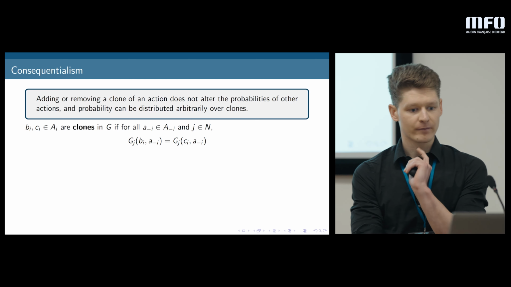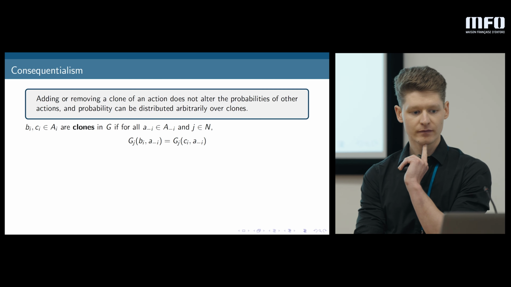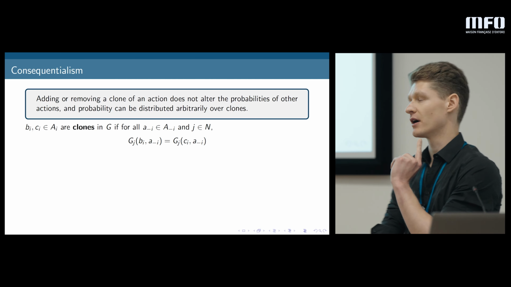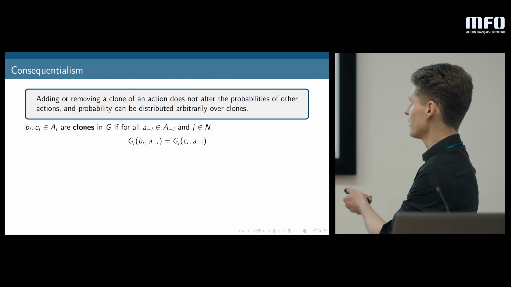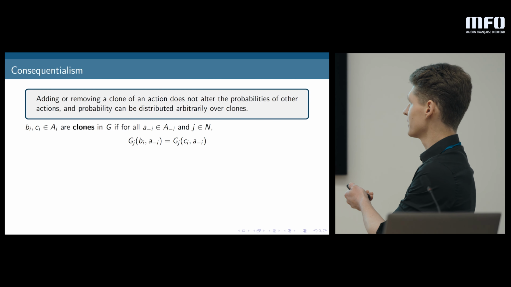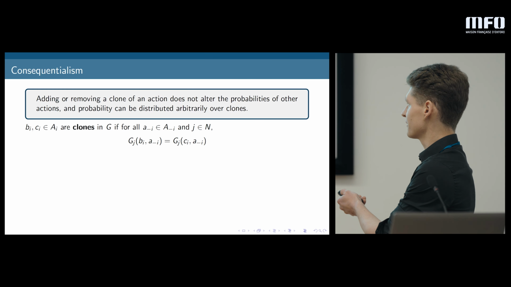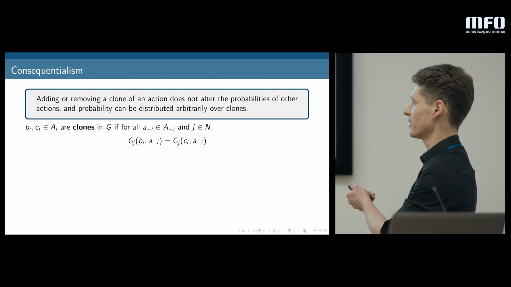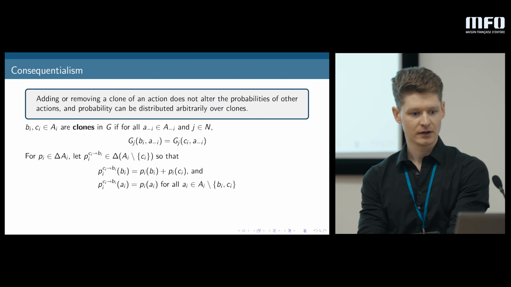So here's a definition of clones. It's two actions, BI and CI of a player I, so that for all action profiles of the other players and each player, the payoff of this player is the same no matter whether BI is played or CI is played by player I. Good.